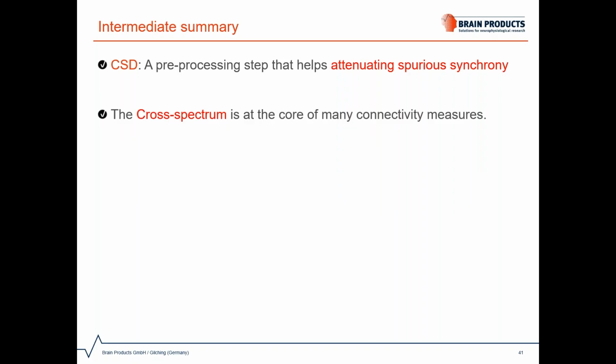We learned how the cross spectrum is computed and have seen how it compares to the time domain cross correlation. The cross spectrum is at the heart of many connectivity measures and is essential to understand the methods.